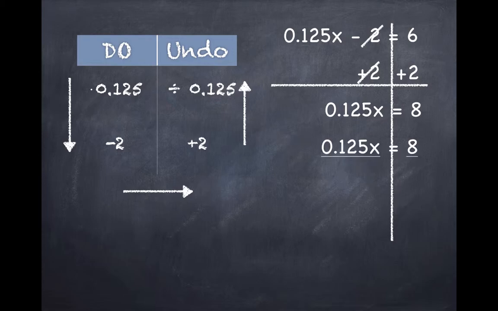So I'm going to divide both sides by 0.125, which should cancel. And x is on the left, and 64 is on the right. So x is equal to 64. So if I plugged in 64 for x, multiplied by 0.125, and subtracted 2, my answer would be 6.